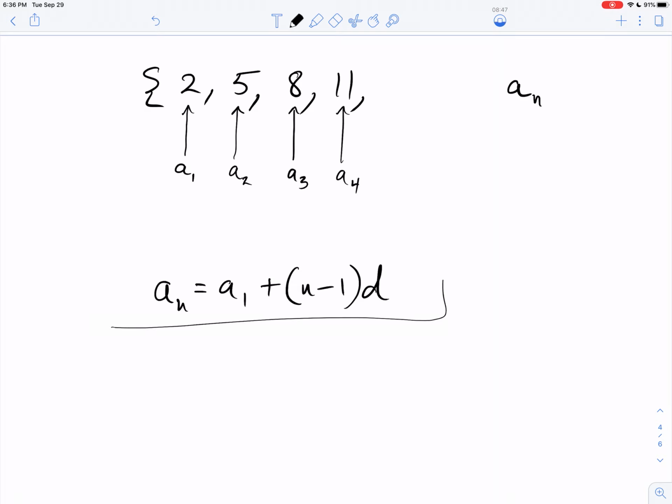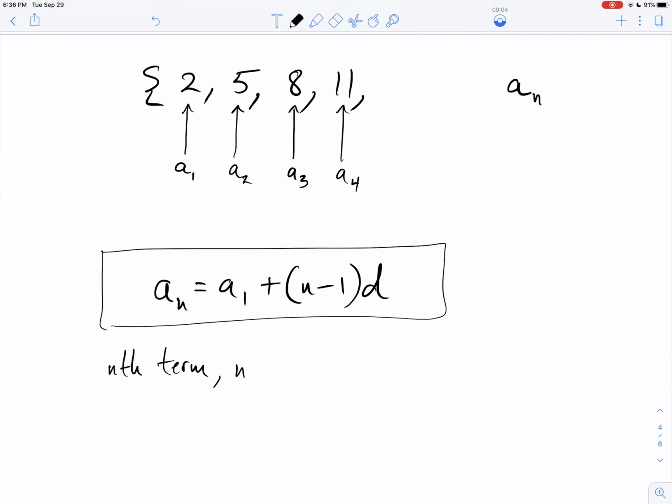This formula right here has 3 separate names. One of the names of this is called the nth term. Some books will say this is the nth term definition. Ooh, let's add that to the list.